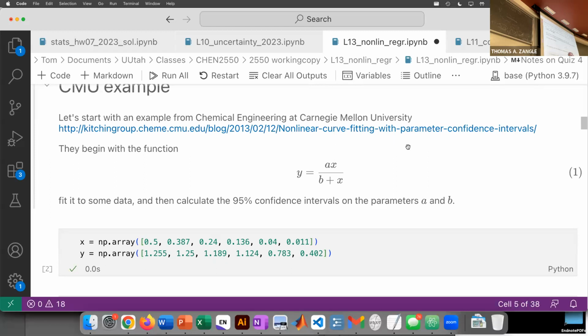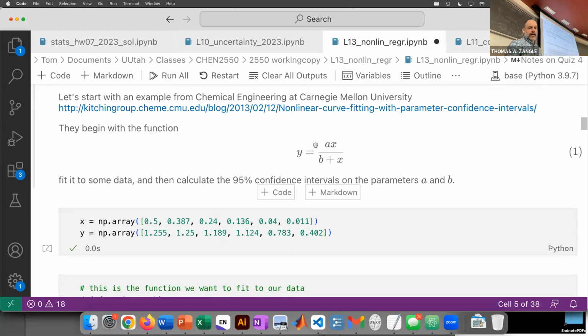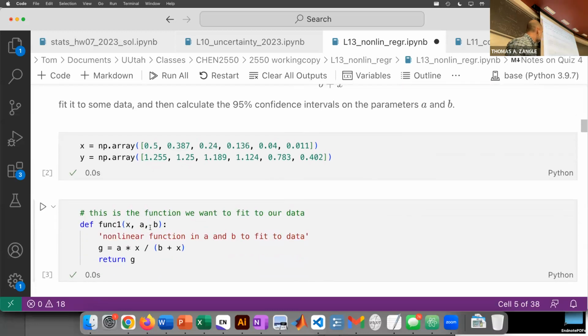So that's the goal of nonlinear regression. In this case, we're given that this is the function that we think might fit this data. Our data is given here, x and y, defined as these two arrays.